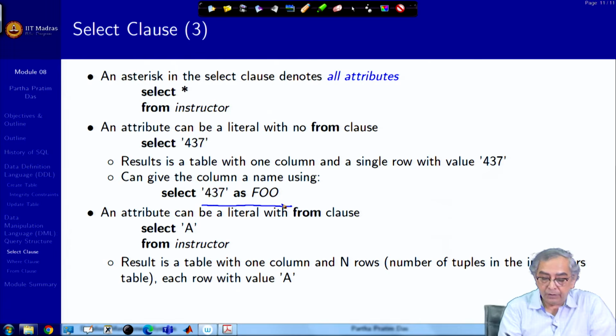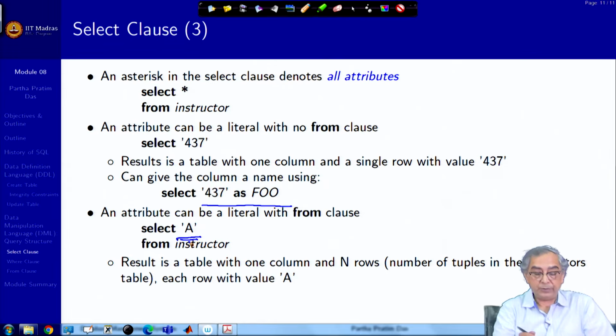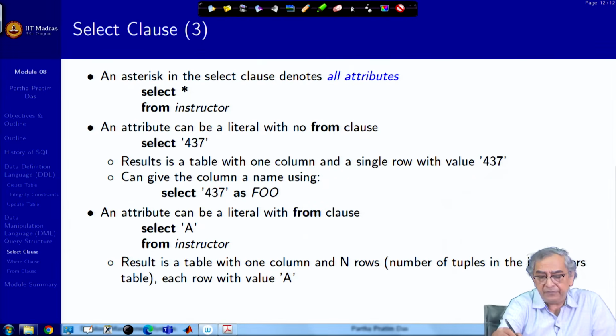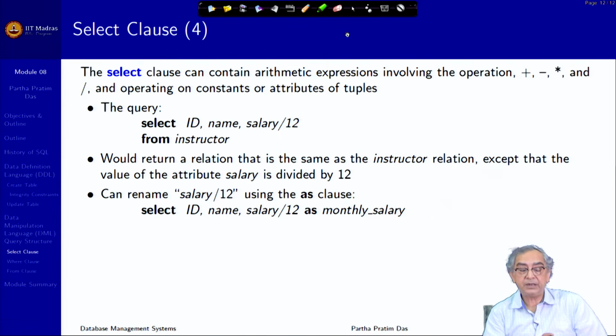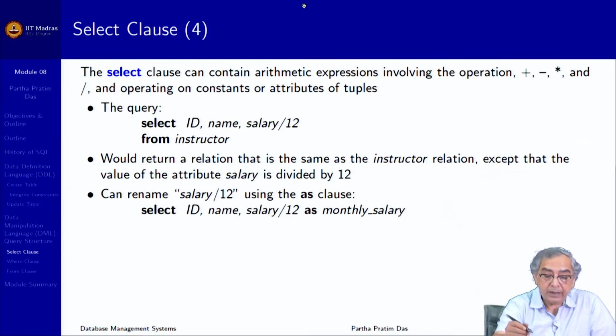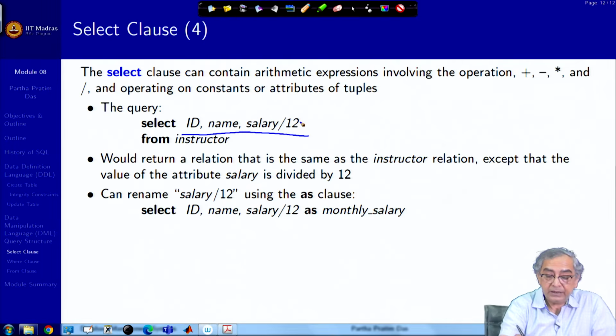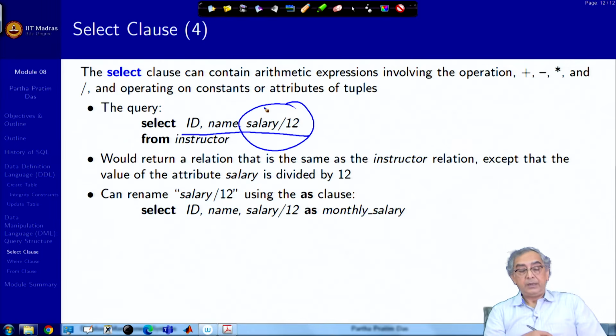So, it can have a literal from the from clause as well. There are various minor nuances and variations of this. For example, look at what we are doing here. We are taking the instructor table, we have taken the ID, the name, and salary, and we have done salary by 12. So what will happen? The salary column, all values will be divided by 12.